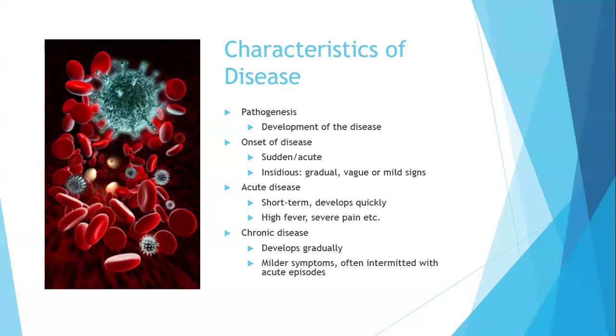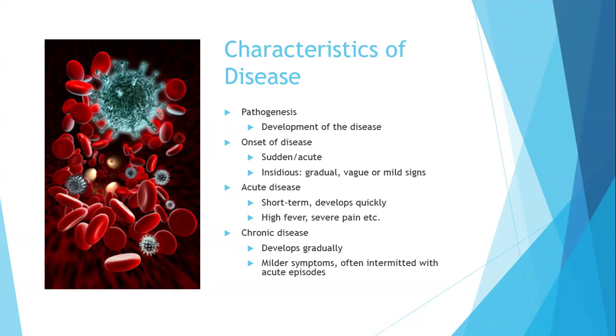So when we describe the characteristics of a particular disease, there are a lot of standard terms with this too. Pathogenesis is the development of the disease. It's the sequence of events involved in the tissue changes that are related to specific disease processes.